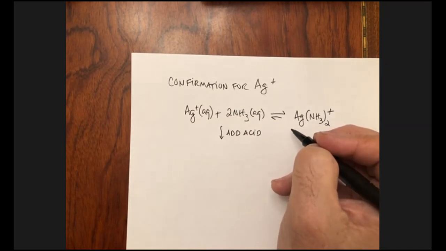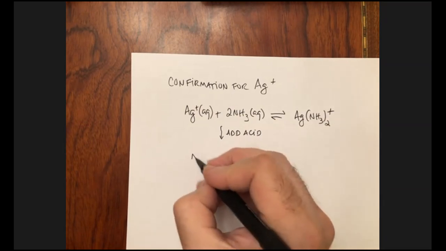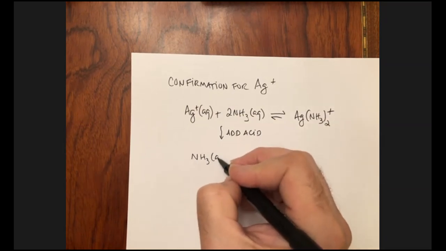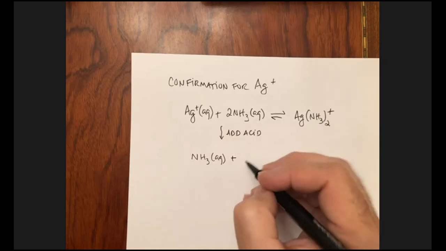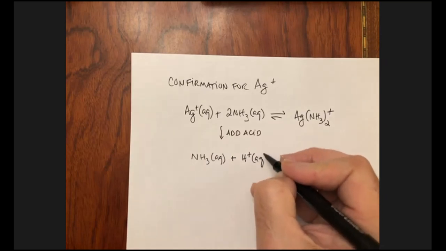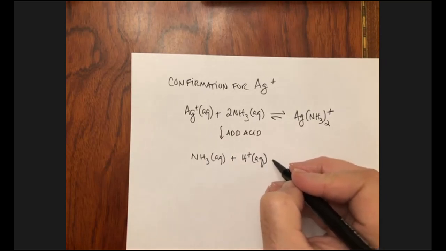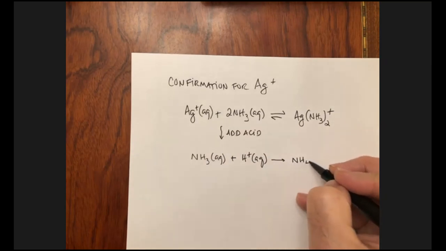Well, what's going to happen now is that the ammonia will react with your acid. And just like a good old acid-base reaction, we end up getting ammonium ions.